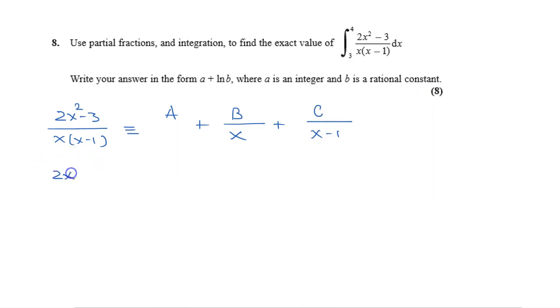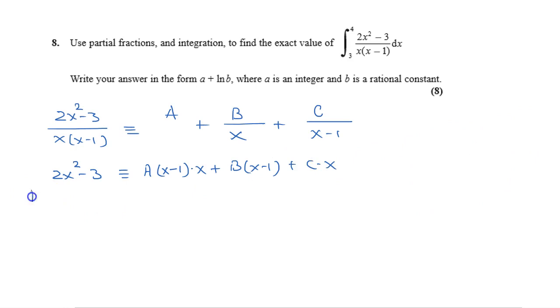So this can be written as 2x square minus 3 will be equal to a x minus 1 into x plus b x minus 1 plus c multiply x.